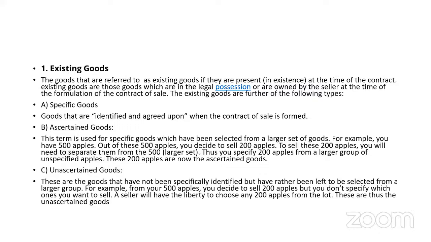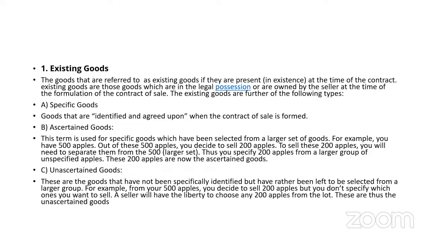Again, in existing goods, you have three types of goods: specific goods, ascertained goods, and unascertained goods. Specific goods are those goods which are identified and agreed upon when the contract of sale is formed. Like I told you, I have a bag of mangoes, and I tell somebody, see, this is the bag of mangoes I have. I'm willing to sell it for 1,000 rupees. So these are specific goods.